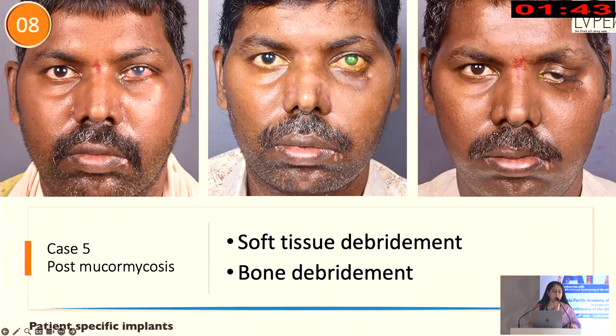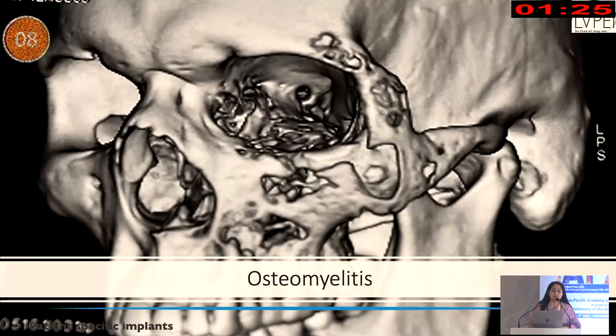This is yet another patient who had mucormycosis, and I treated him during the active epidemic of mucormycosis that we had in India during COVID. We were able to spare his eye, his vision. He had 20/20 vision, but then from the mucormycosis, he developed osteomyelitis, for which he required debridement of bone, which was also done.